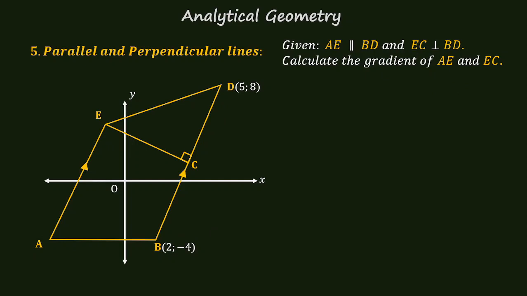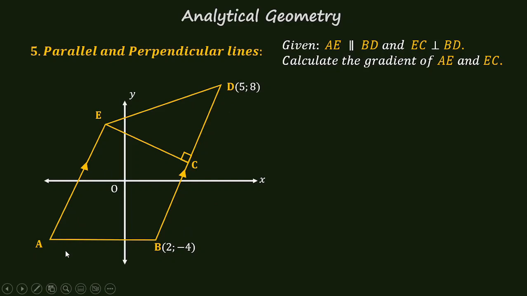What will be the gradient of AE? To find the gradient of AE, we realize there's nothing we can do on the straight line AE. We do not have the coordinates for A, we do not have the coordinates for E, but what we have are the coordinates for B and the coordinates for D. And these 2 straight lines are parallel to each other.